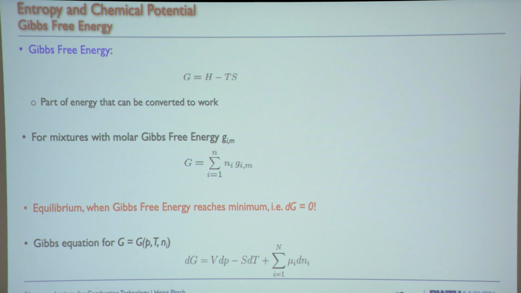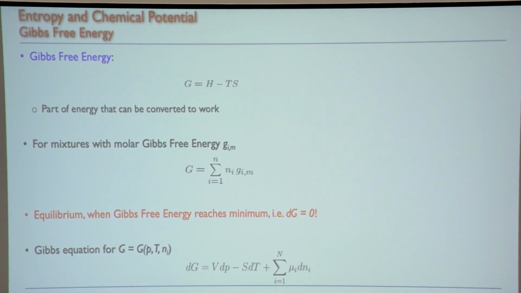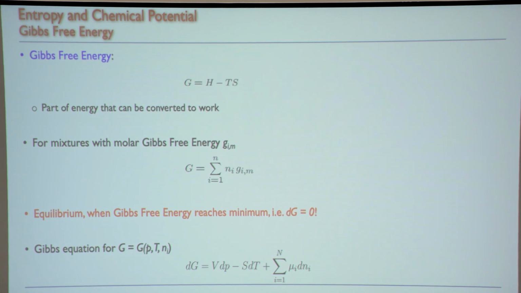So according to the second law, H minus Ts is what you can convert. So that's G. And when G has a minimum, that's when you reach equilibrium, because a minimum means all the work has been extracted. There's nothing else that can be extracted. So this system is at the minimum energy. Okay, so G is H minus Ts.